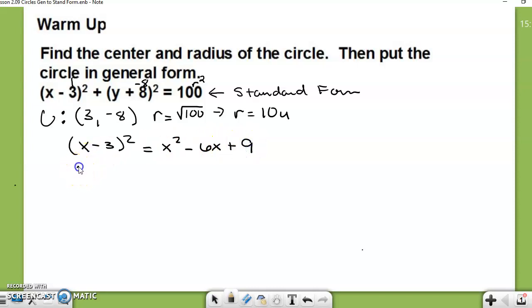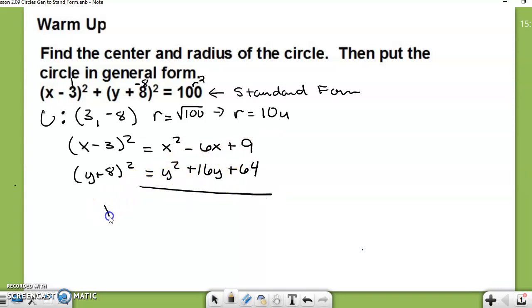Then we're going to take our y plus 8 squared, follow the same procedure, because we're just adding these things. So I'm going to have y squared, double the 8, it's a positive 16y, and then 8 squared is 64. All right, now I'm going to kind of combine these two.